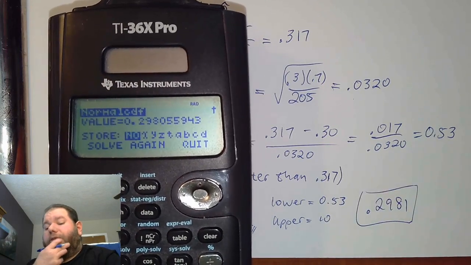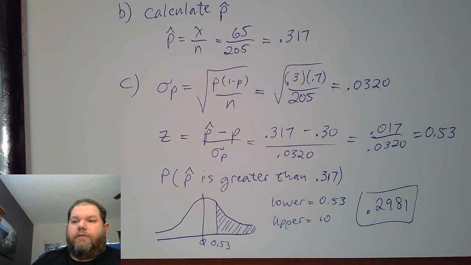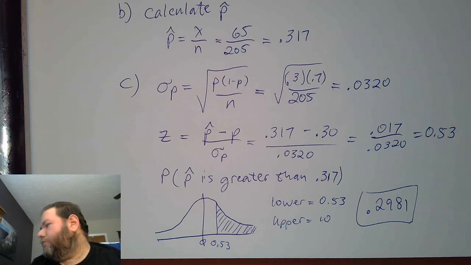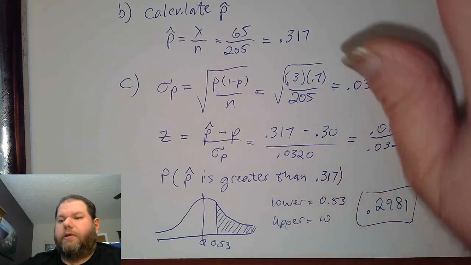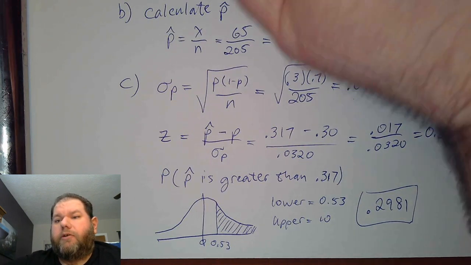So about a 30% chance that if we asked 205 people what they believe here, that we would get a probability that is at least 0.317 or higher. Okay. Any questions there?